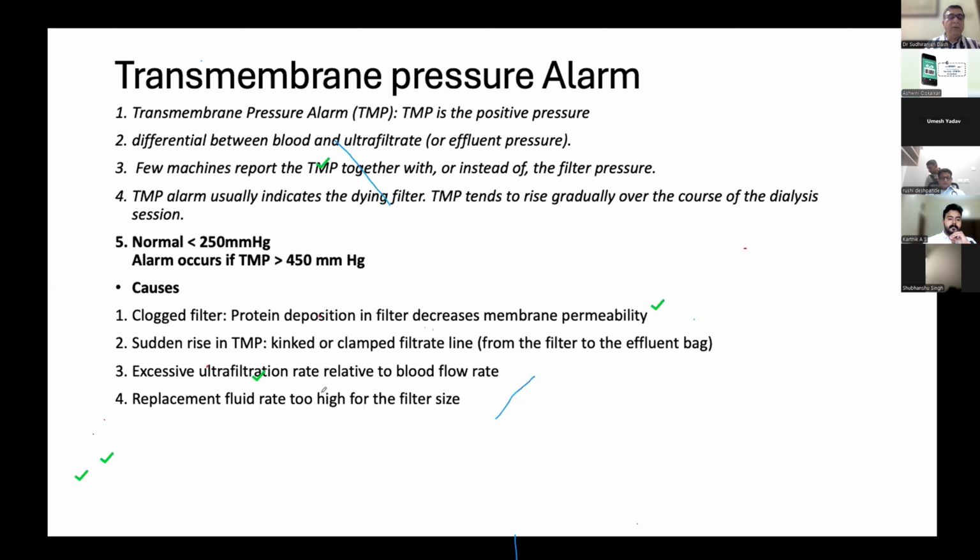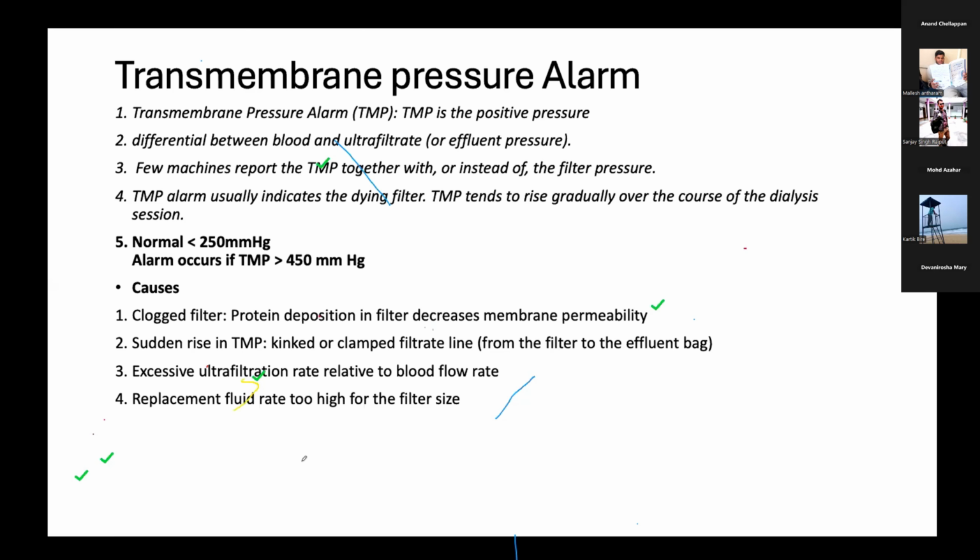An excessive ultrafiltration rate also causes high TMP. If you are using a high replacement fluid rate, that also causes high TMP, so you have to bring down the replacement fluid rate.